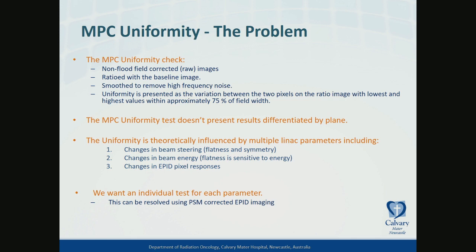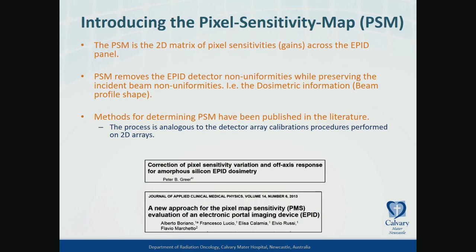And I would also suggest that this can be done using PSM-corrected EPID imaging. So what is this PSM? PSM is short for pixel sensitivity map. And essentially what it is, is a two-dimensional array of pixel sensitivities on your EPID panel.